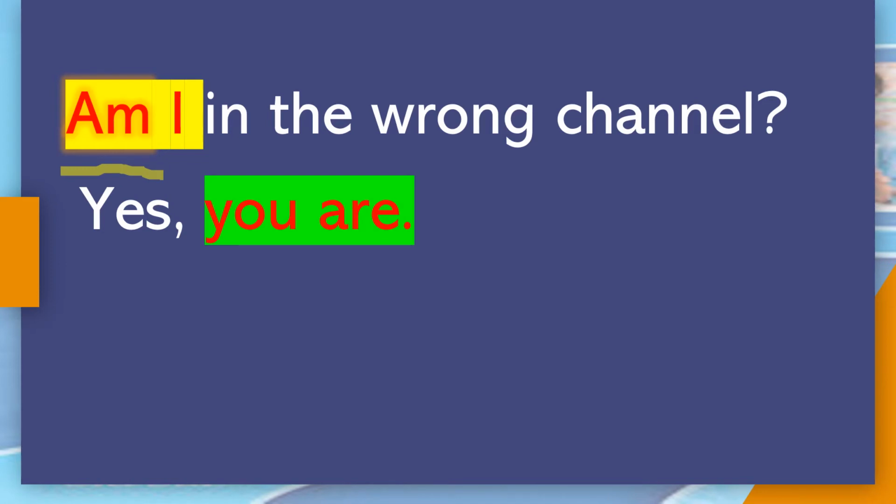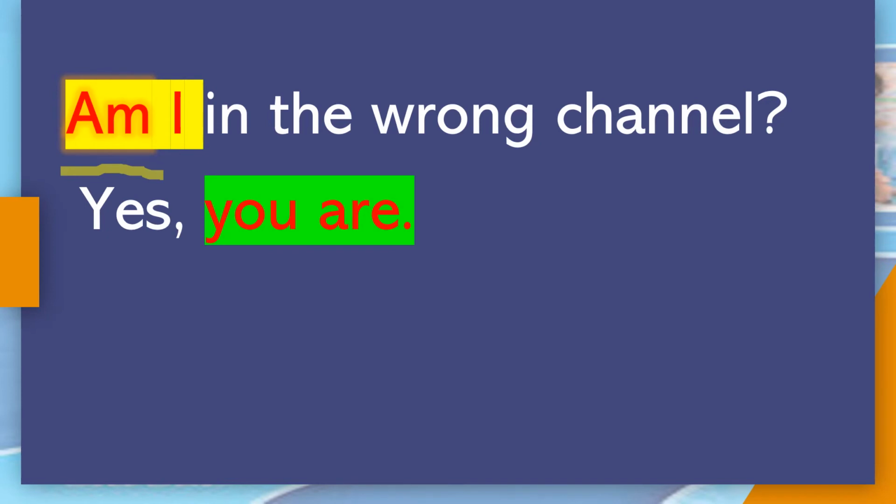And then somebody answers me, yes, you are. So for that somebody, I become you. Mr. Zack is you. For example, I'm talking to Ali. Then I ask Ali, am I in the wrong channel? Then Ali answers, yes, you are. You here refers to Mr. Zack. Okay, do you understand?